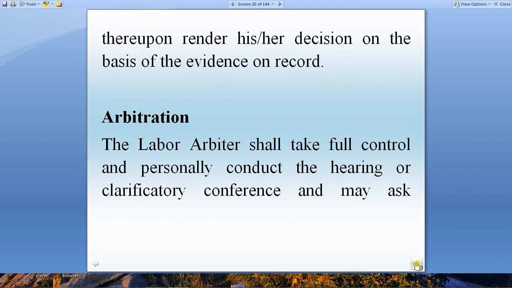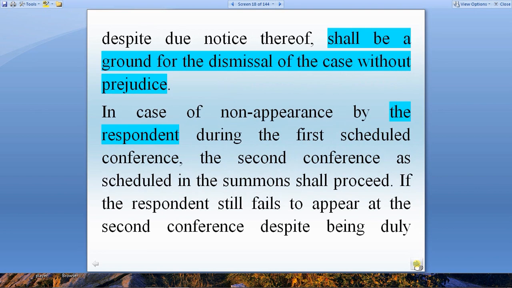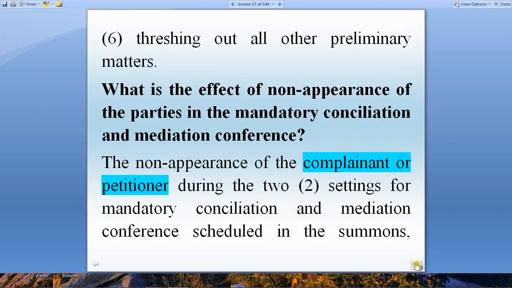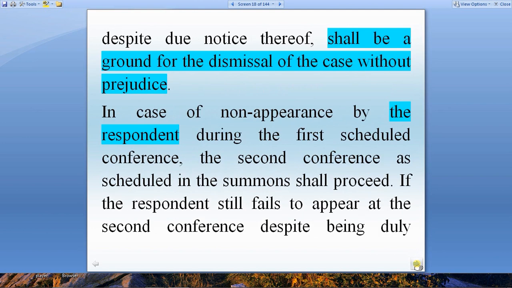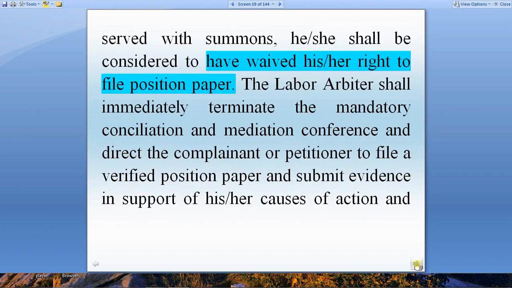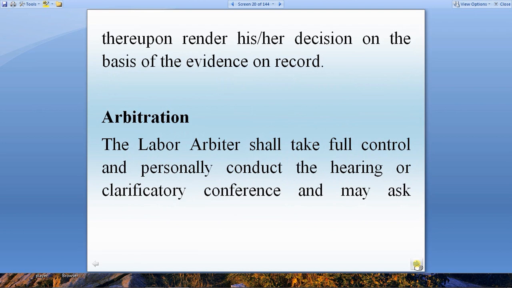So, tandaan, 2 beses na non-appearance, madidismiss ang case kapag complainant. Now, for the respondent, nawawala na niya ang right for the position paper. The Labor Arbiter will now, based on the position paper, give a decision based on the evidence he has on hand. Okay, remember that.